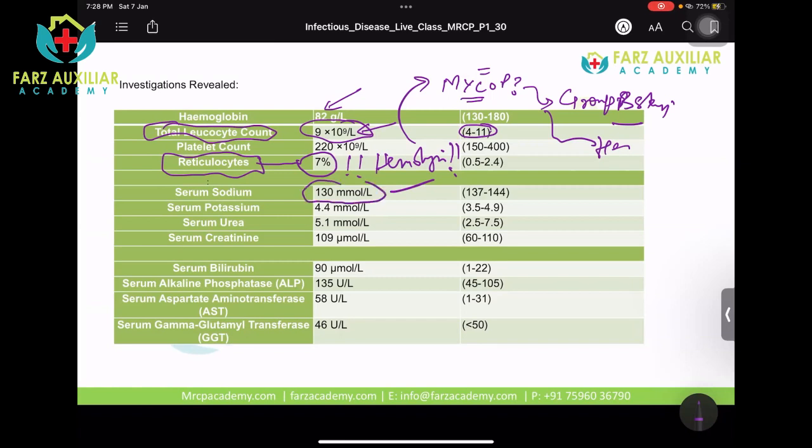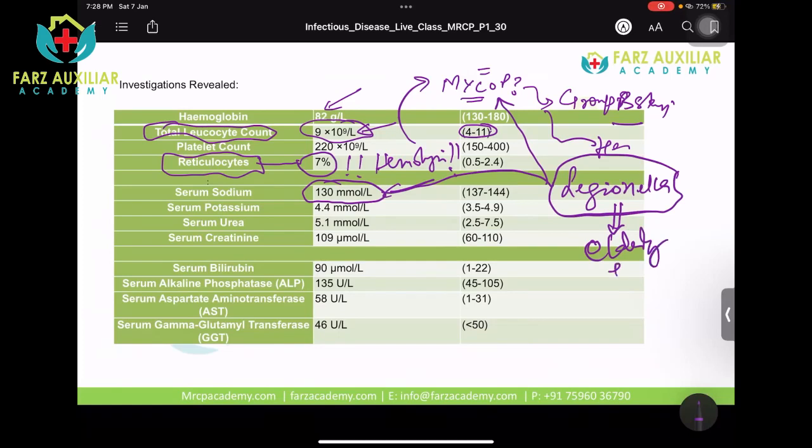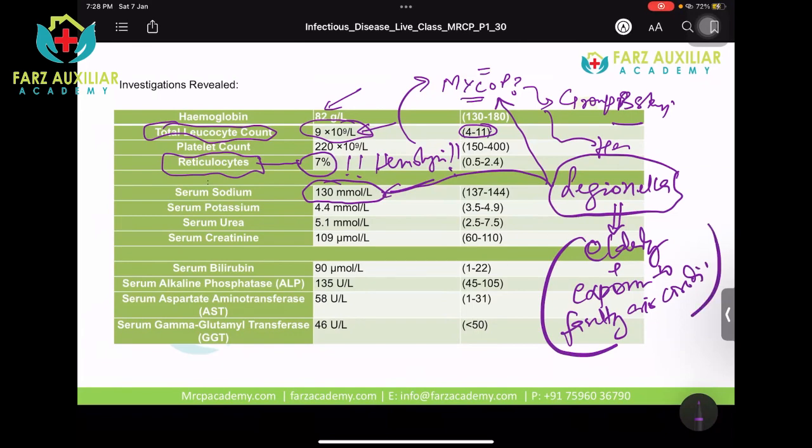Sodium is slightly low, 130. Which bacterial infection causes hyponatremia? Legionella. So Legionella occurs in elderly people, and there is a history of exposure to faulty air conditioning. Nothing of that sort has been mentioned, but we will keep it in mind. Hyponatremia also occurs in mycoplasma.